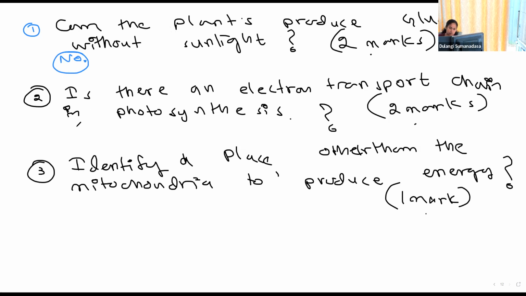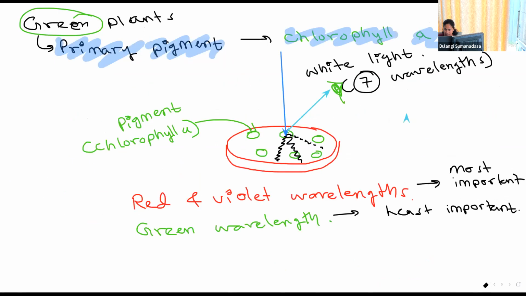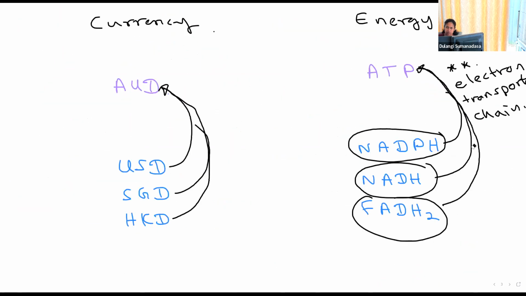Second one, yes or no? What is the answer for this one? Is there an electron transport chain in photosynthesis? Yes, there has to be, right? Remember the thing I said? All the other coenzymes at one point need to undergo the electron transport system. So it includes NADPH.